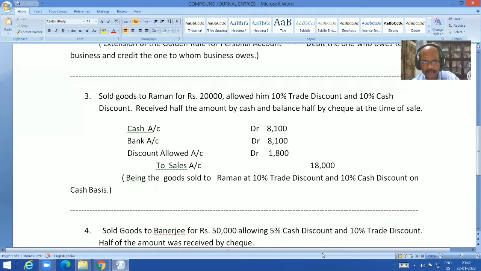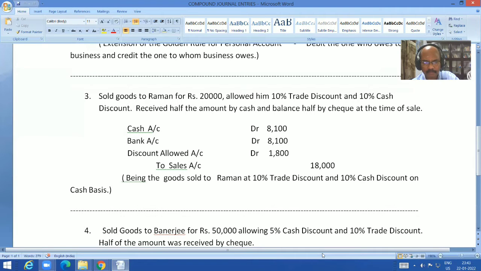Nominal account rule says debit all expenses and losses, credit all incomes and gains. Hence, this discount allowed has been debited by virtue of the same being a nominal account, an expense.